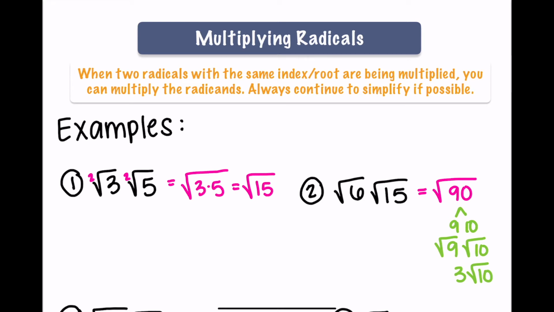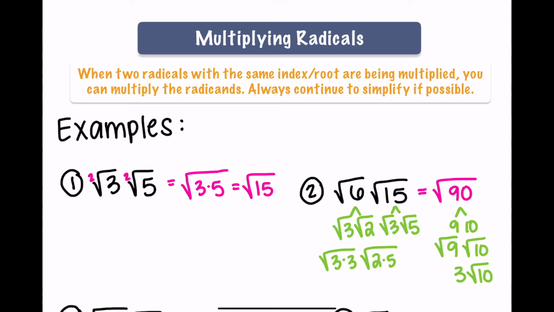However, you could start simplifying from the very beginning. We could break this down to the square root of 3 times the square root of 2, and we could break down 15 to the square root of 3 times the square root of 5. Now, none of these are perfect squares, but remember, since we're multiplying them, we can multiply all 4 of these together in any order that we want. So I can multiply the 2 square roots of 3 together, and I could multiply the 2 and the 5 together.